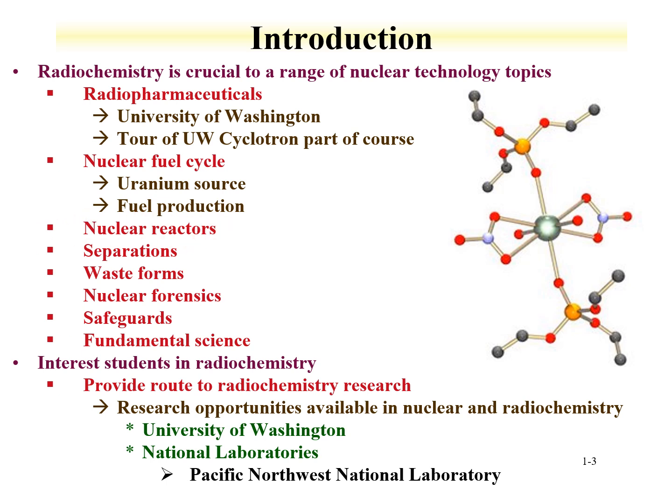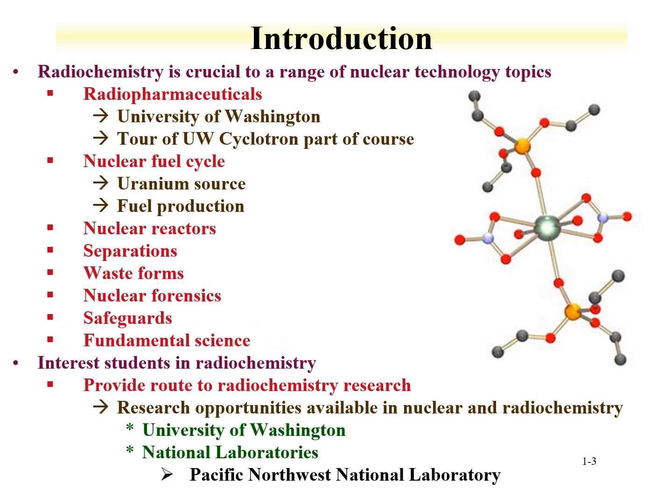We'll also talk about radiochemical separations, waste forms that are resultant from radioactive isotopes and how they're disposed. We'll also explore nuclear forensics, which is identification of nuclear material, nuclear safeguards, which has to do with the prevention of the proliferation of nuclear weapons, and fundamental science associated with radioelements.